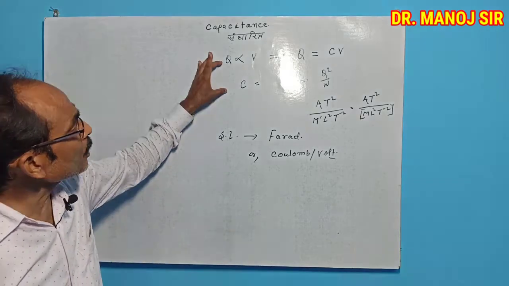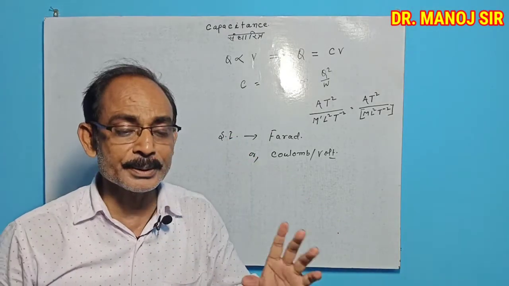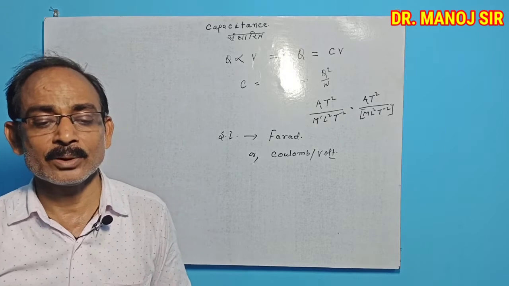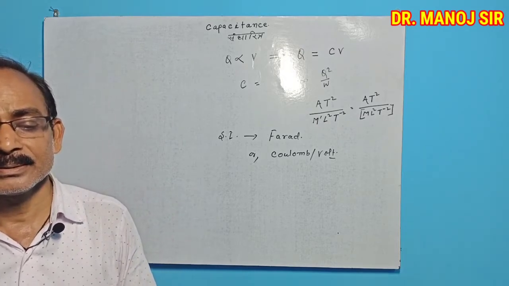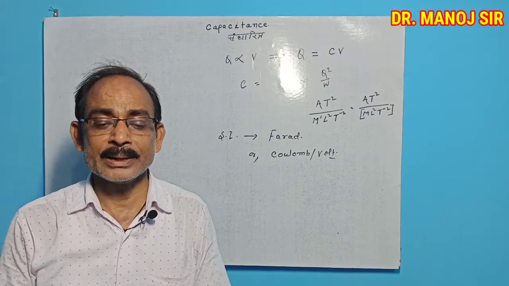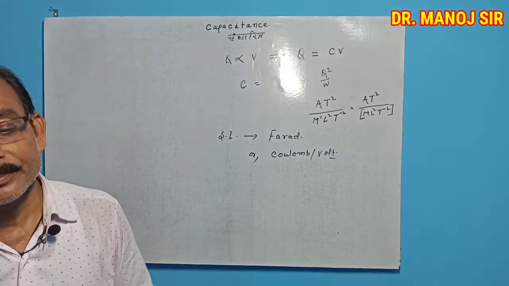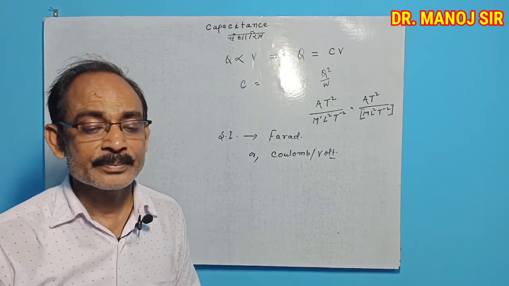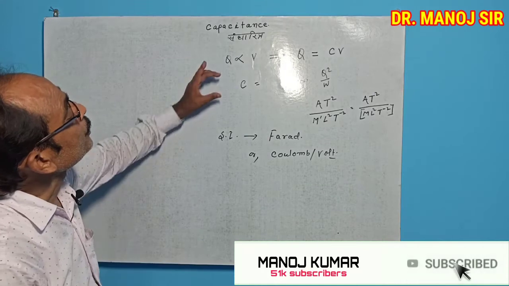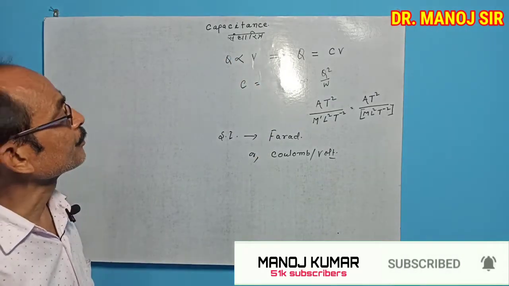The principle of the condenser depends upon the fact that capacitance is increased by decreasing the potential. So here C equals Q by V.